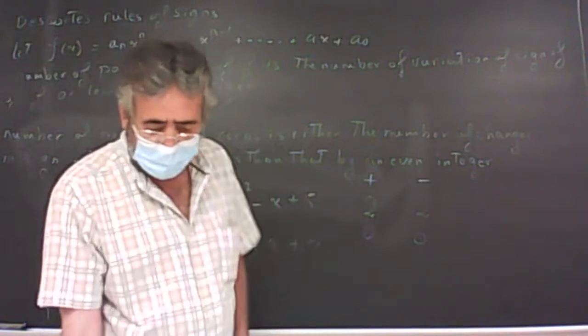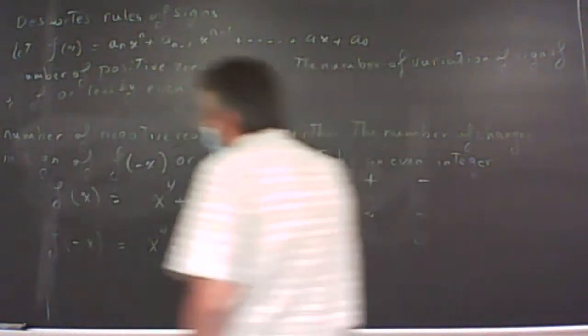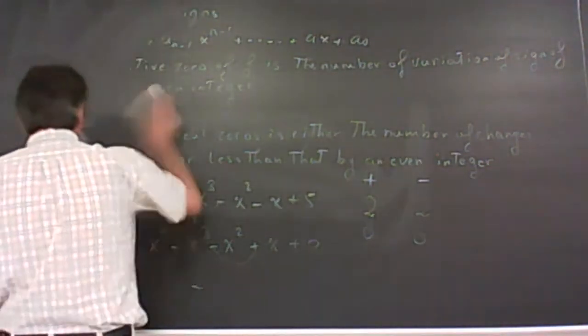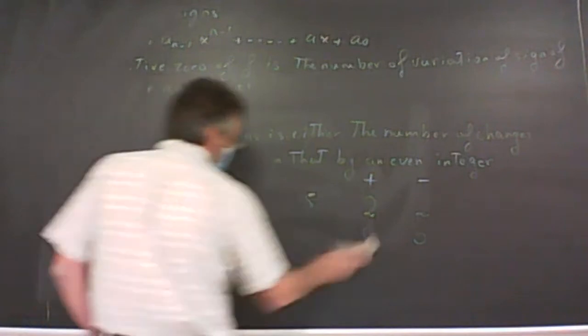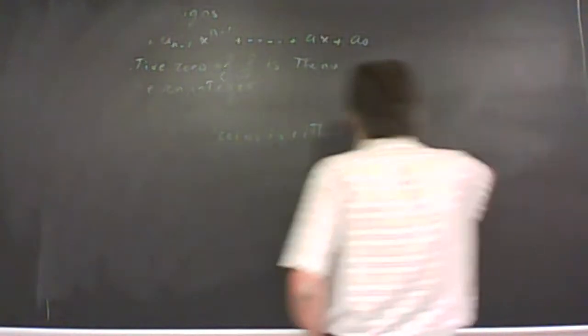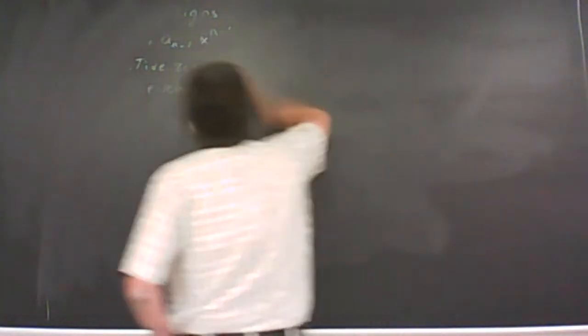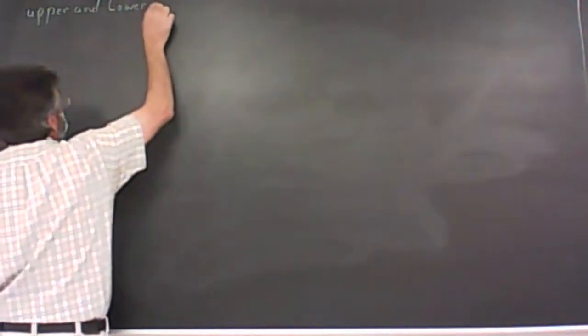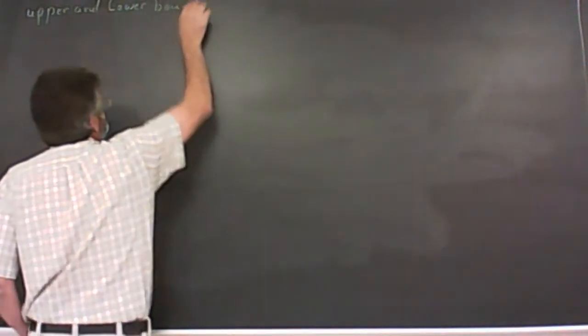It says upper and lower bound of the zeros. Upper and lower bound rules.